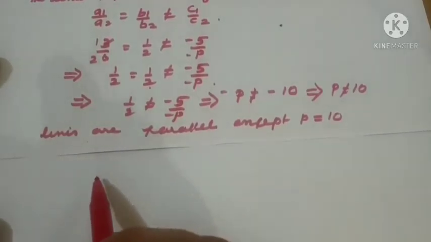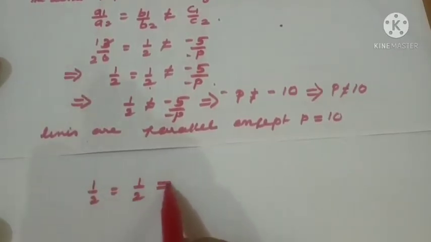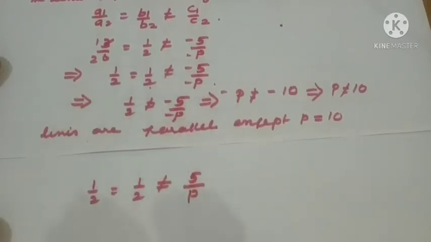See, we got the condition 1 by 2 equal to 1 by 2 not equal to minus 5 by p. Suppose p equal to 10. Then what happens to this ratio? If p equal to 10, this becomes 1 by 2 only. So this condition is not happening there.